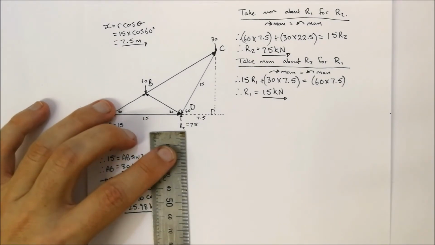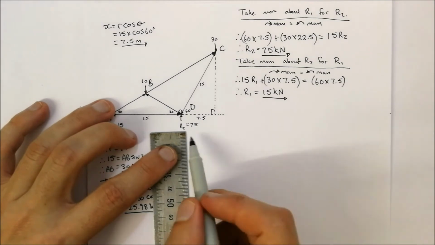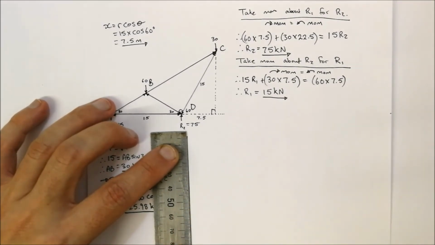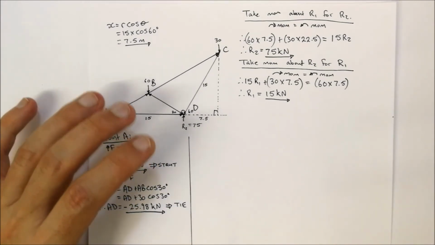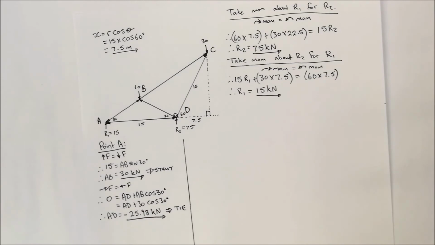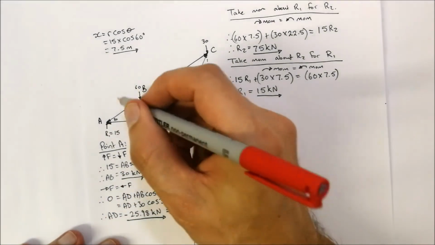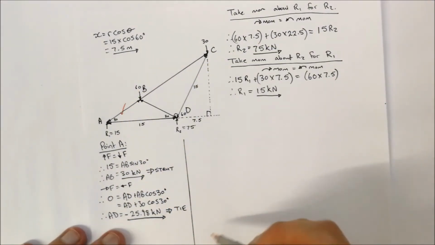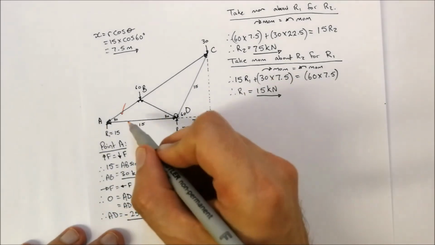We're able to do calculations now for any of the other points over there. Well, if you have a look at all these points over here, it becomes a little bit difficult now. So let's just mark which beams we've now calculated the forces in. We've got AB, so we know what that one is. We know what AD is, so that's AD over there.